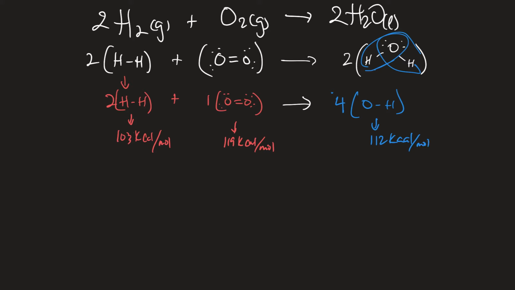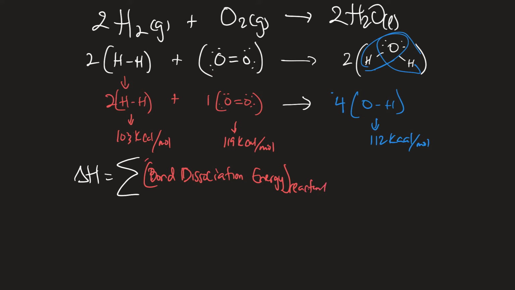And so our equation, if you recall, is delta H is equal to the sum of the bond dissociation energy of your reactants minus the sum of the bond dissociation energy of your products.